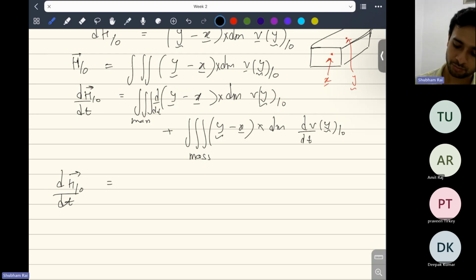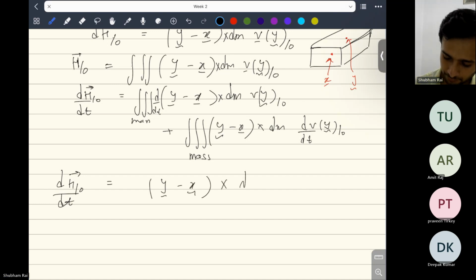So this term goes to 0, and we'll be left with the second term only. That will be (y minus x) cross product, you can write dm, and this is nothing but the acceleration of point y with respect to x.